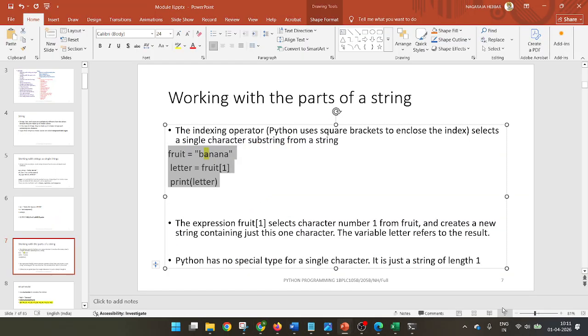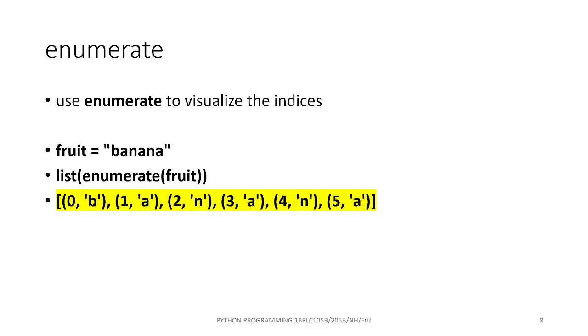Enumerate. This is to visualize the indices. Suppose the input banana is given, you are going to enumerate. Each and every character is assigned an index as I told in the previous, 0 the first, 5 the last. There are 6 characters, 6 minus 1, 5. So this is how it is visualized for us.